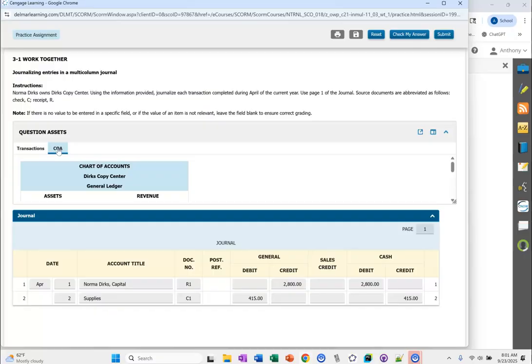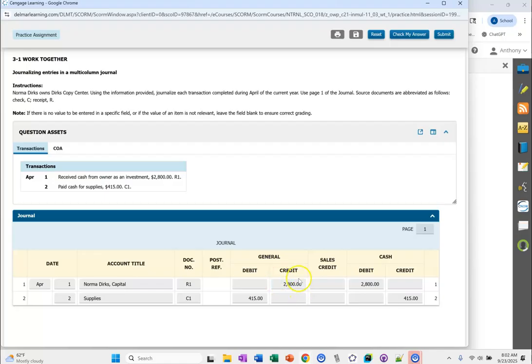And if you click on the COA, the chart of accounts, it tells you who you're talking about. So that's how I know it was Norma Dirks Capital. If I read the instructions, it gives the same information. So it says the document number is R1.